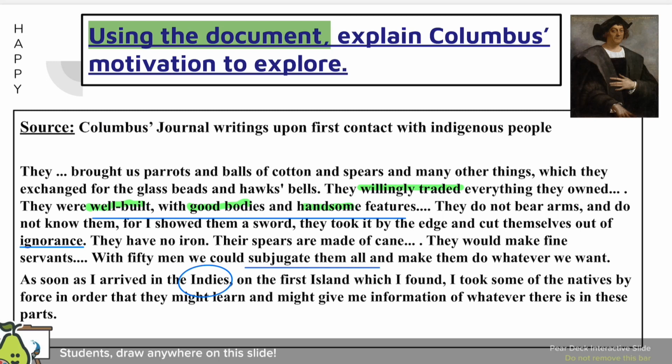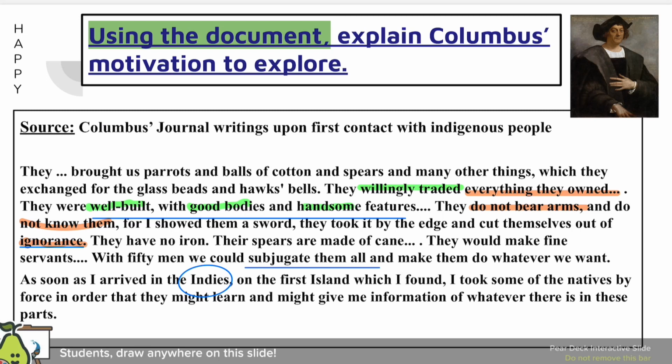He could be arguing that they are less than intelligent, that they don't know the value of the goods that they are trading for, these cheap trinkets that he brought, like glass beads. He could be talking about how they are inferior in terms of their weaponry. They do not bear arms. They don't know about them. So implying that they're ignorant.